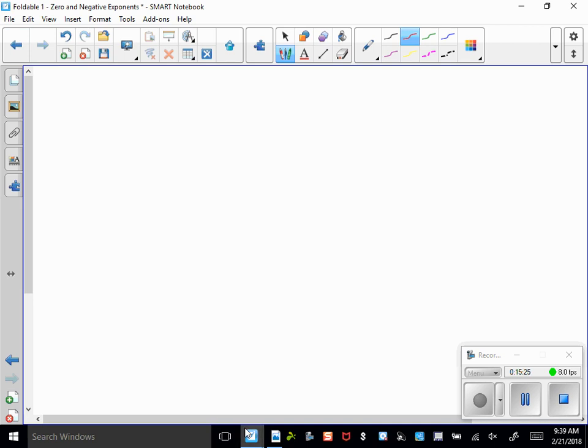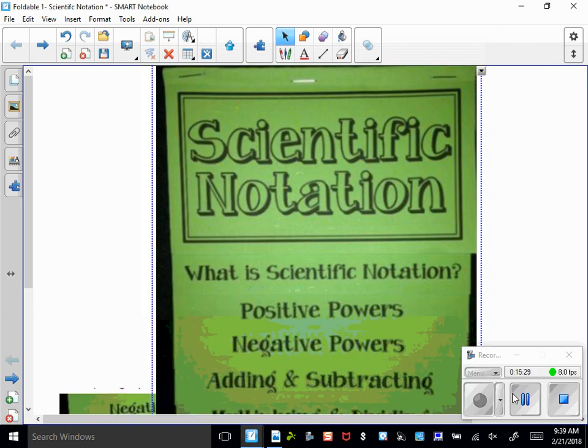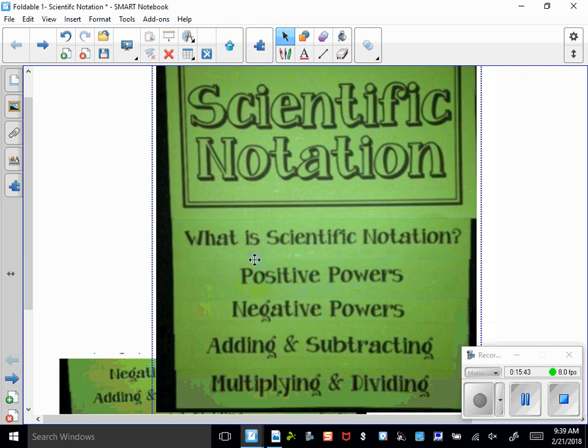Okay. All right, so let's move on to your other foldable, which is the scientific notation one. So go ahead and fold it. When you fold it, you're going to have just: what is scientific notation, adding, subtracting, multiplying, and dividing. These tabs will actually be inside of the problem, so you're not going to see them on the outside.